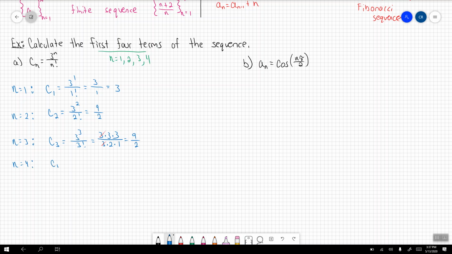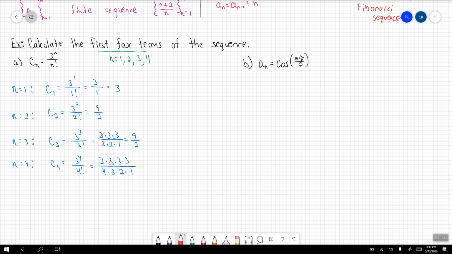And then finally we have the very last term, which is going to be n is equal to 4, and that's going to be our c sub 4. This is going to be 3 to the power of 4 divided by 4 factorial. So again, 3 times 3 times 3 times 3, divided by 4 times 3 times 2 times 1 because of that factorial.